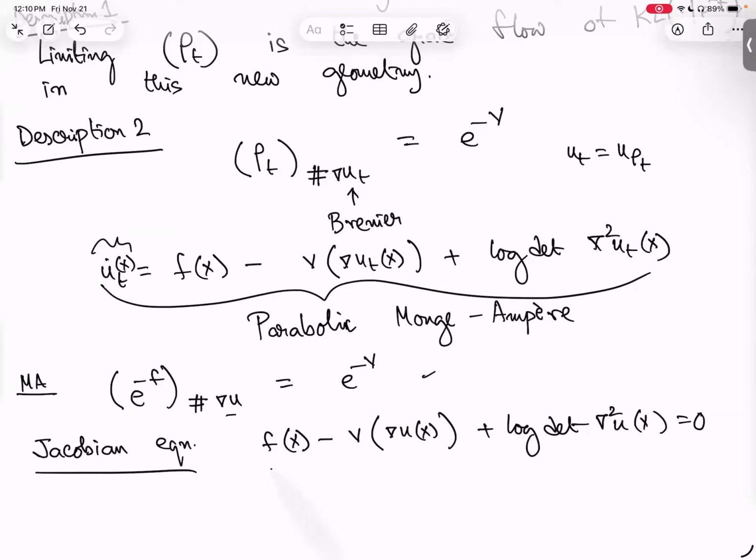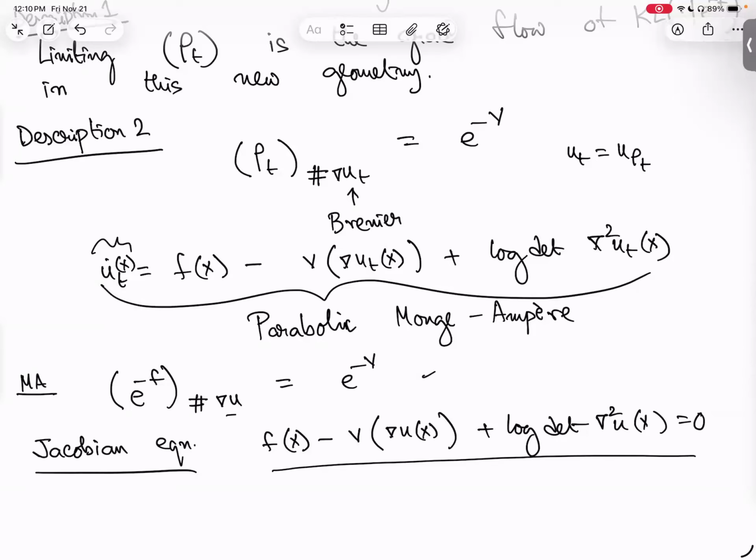My Monge-Ampère is some kind of stationary solution. This is what I want to solve. But I would treat a dynamics where no matter where I start from, I would converge to the solution of the Monge-Ampère equation. What is a natural dynamic? You create a parabolic dynamic where on the left-hand side, you take the time derivative of u, and on the right-hand side, you want the quantity that becomes 0 in the end.